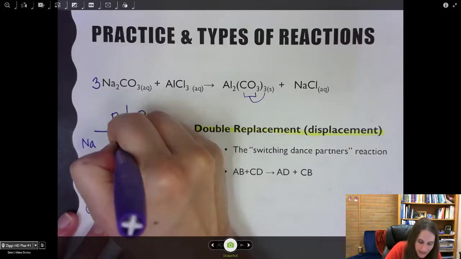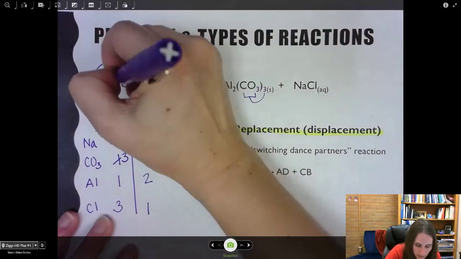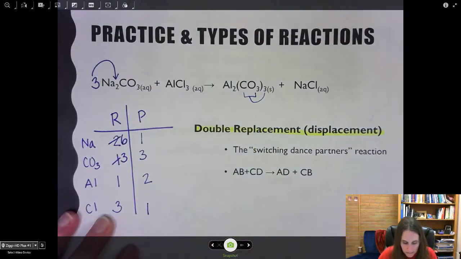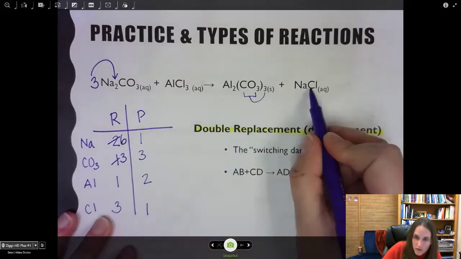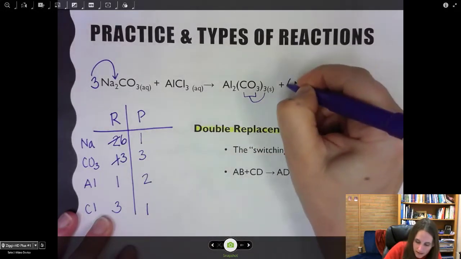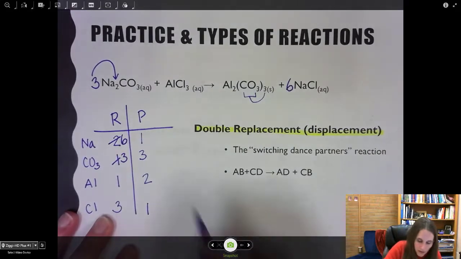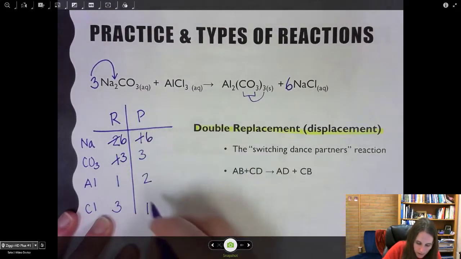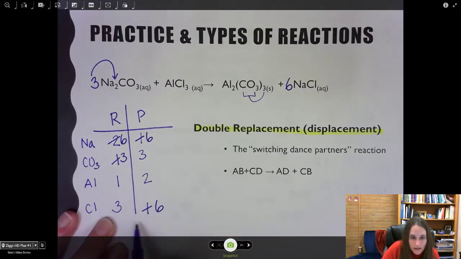I now have 6 sodium ions on this side because that 3 multiplies that 2. Because my sodium is just 1 on the other side, the only way to get it up to 6 is to put a 6 coefficient in front, and that multiplies the sodium and also the chlorine, bringing it up to 6. Now the relationship between 6 and 3: how can I get to 6 from 3?